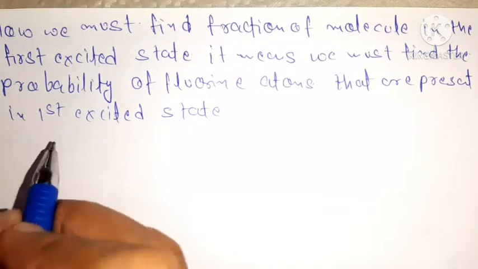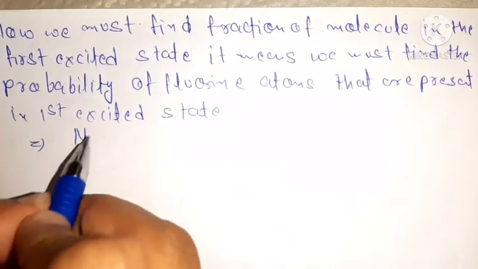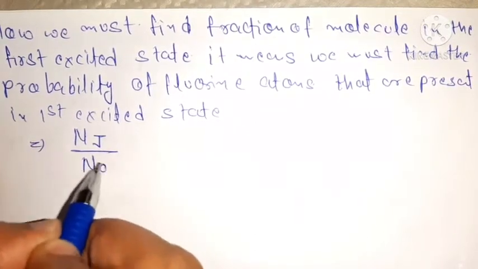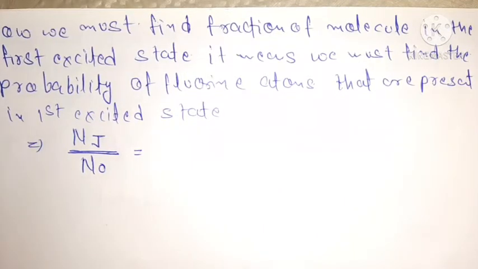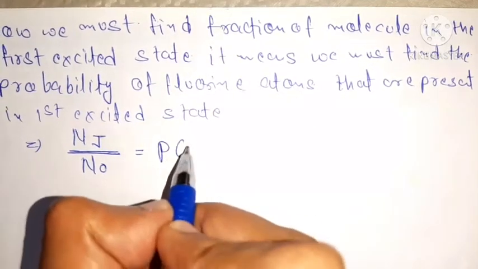So Nj upon N naught, this is the fraction of molecules, is equal to the probability.